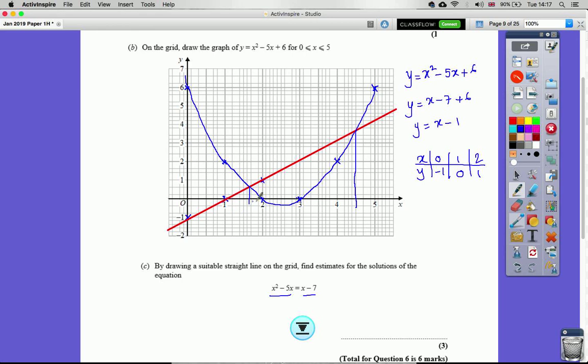It's about 4 units before 2, so this is 1.6. That's one value. The other one is 4.5. So x is equal to 1.6 and 4.5. Okay, so that is the solution to this graph question.